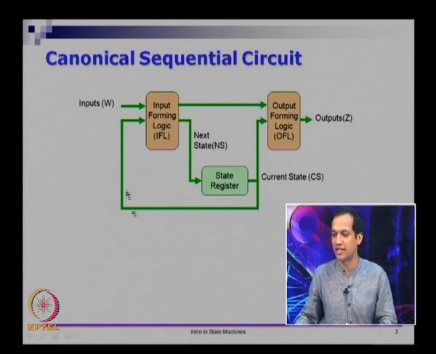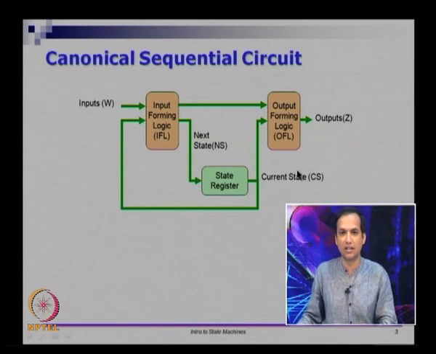The output of the state register and the current set of inputs are sent through this input forming logic, or sometimes it is also called the next state logic. You also have the output forming logic, in which the state register, along with some signals from the input forming logic, form the output.